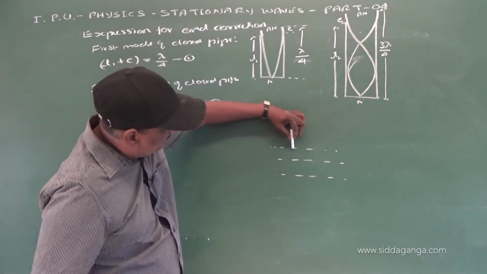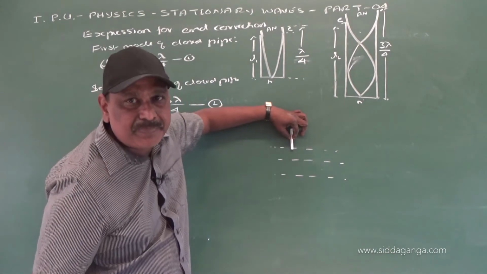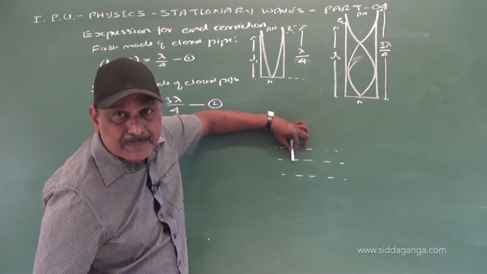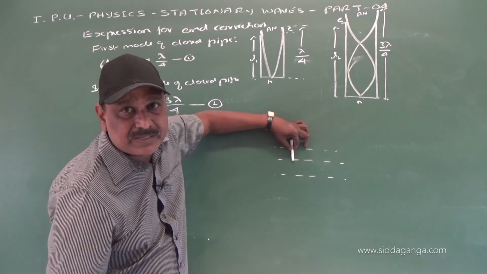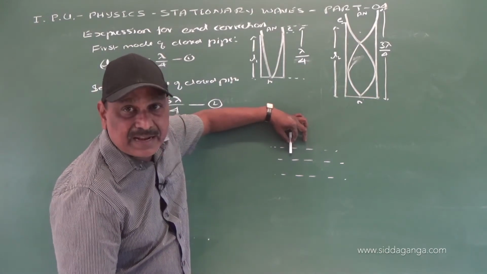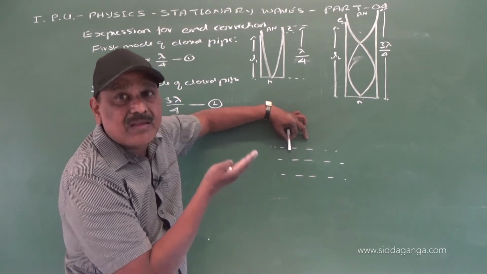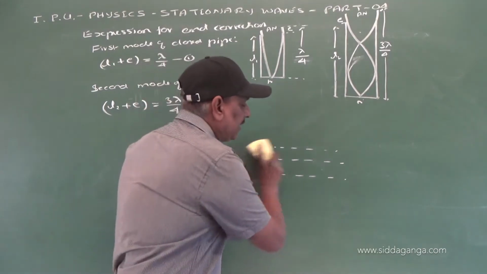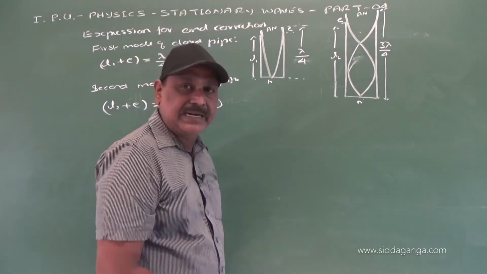When one end is immersed in water, it becomes a closed pipe, right? So if we go on dipping the pipe inside the water, then its length decreases. Or if we raise the pipe, the length of the closed pipe increases. This is how we can get first mode, second mode, third mode, etc.